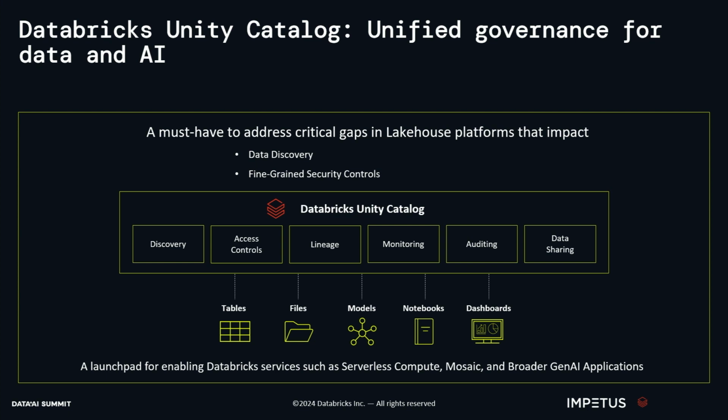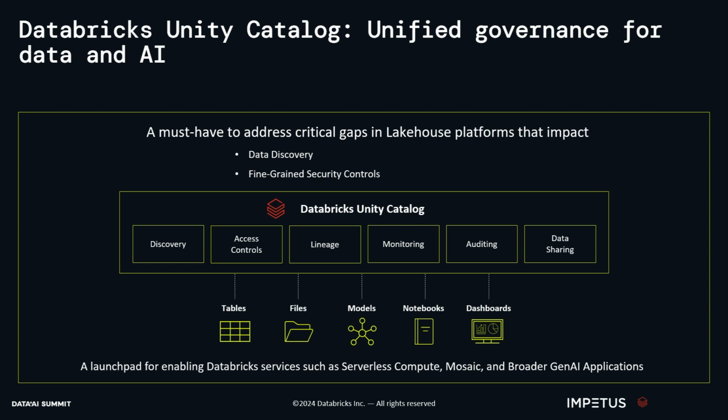Then the lineage. As data assets keep getting added, you want to know what processes and what data assets are getting created and what is being consumed. So having this end-to-end lineage becomes very critical, and that's where Databricks Unity Catalog is good.